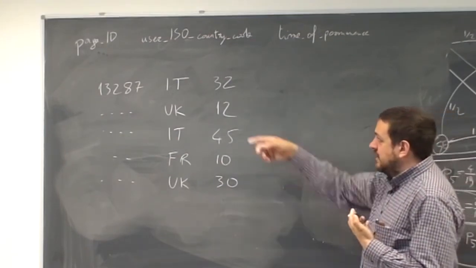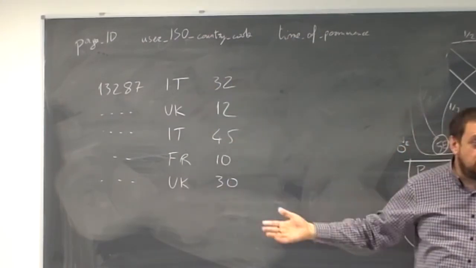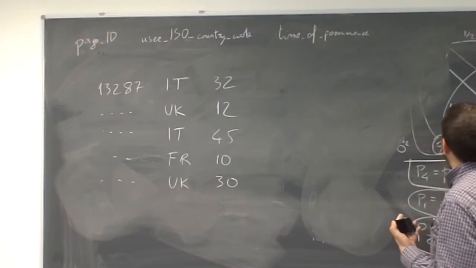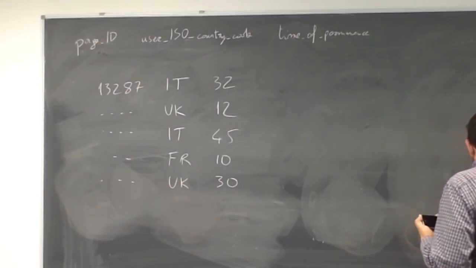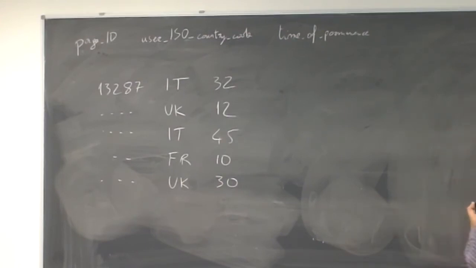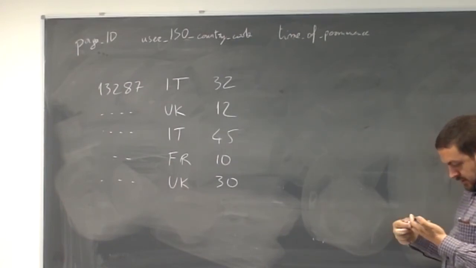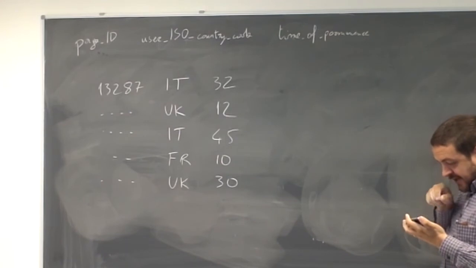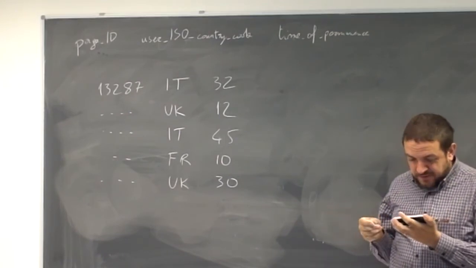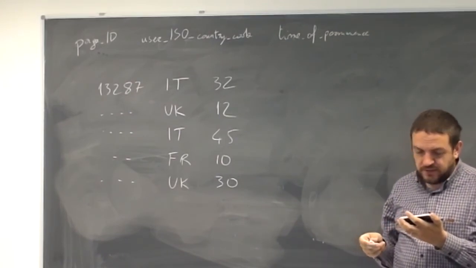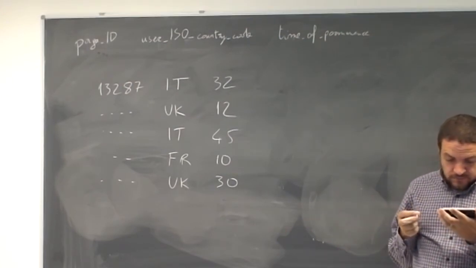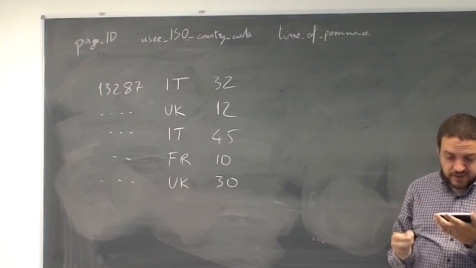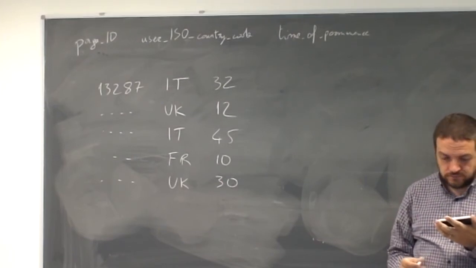You can see this as a very large file that is distributed on many computers. So the question is: provide a basic MapReduce implementation, meaning a mapper, a combiner, and a reducer, that computes the average permanence time per country code.